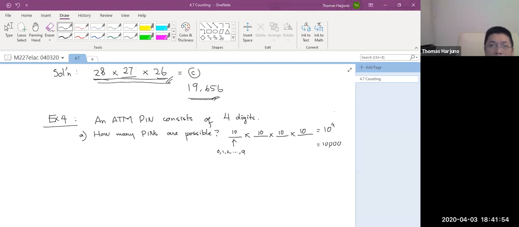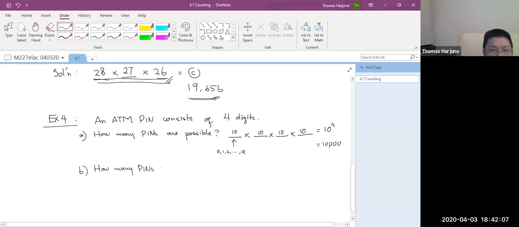Okay, now part B. Suppose I change the question a little bit. How many pins are possible if no repetition allowed?